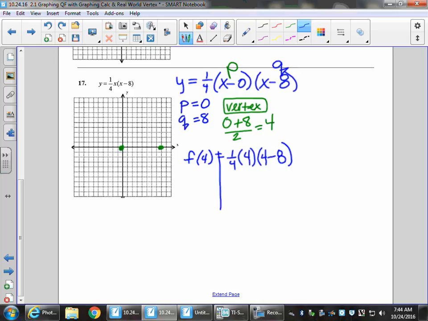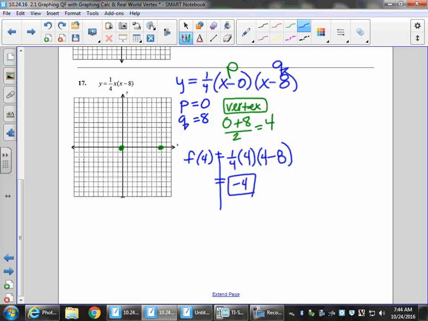Once you have the setup, I'm fine if you just use your graphing calculator to straight up get it, okay? So if you want to take a second to take out your graphing calculator, do that and actually try this.